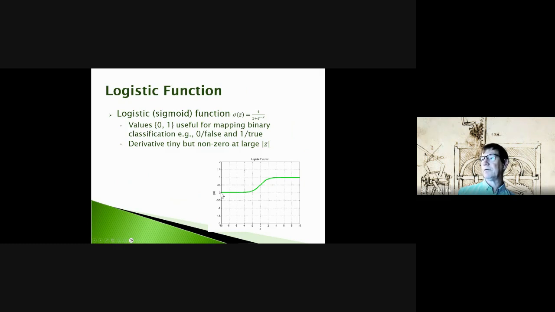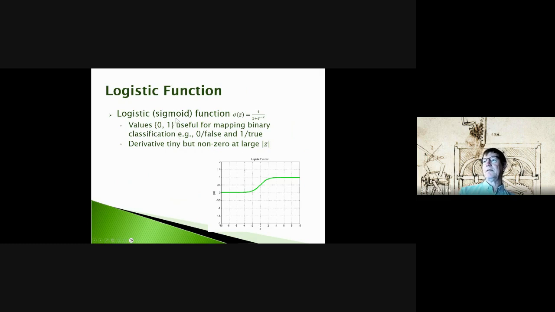So we're going to move from 0 to 1, but it's this middle region that becomes interesting, right? So we're going to cross through the 0.5 mark at z equal to 0 here. And we've got what kind of looks linear there, but it's very nonlinear. And when we look at this overall curve, it's very nonlinear.